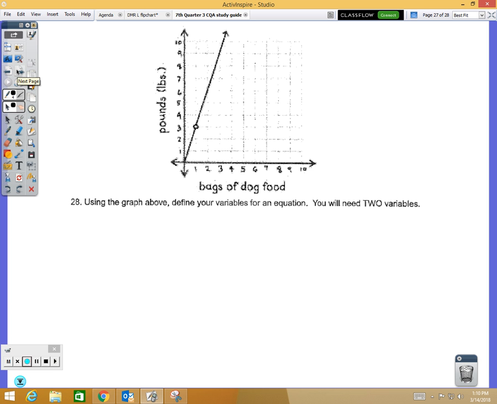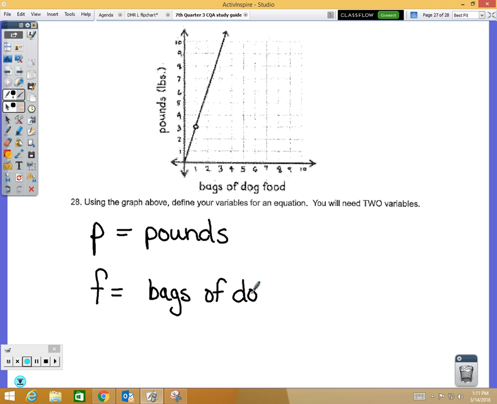So we need to find two variables, and it can be any two variables that you want to use. All right, P for pounds. So P equals pounds. All right, F equals bags of dog food. So you're saying what's on the axis, okay? Bags of dog food.